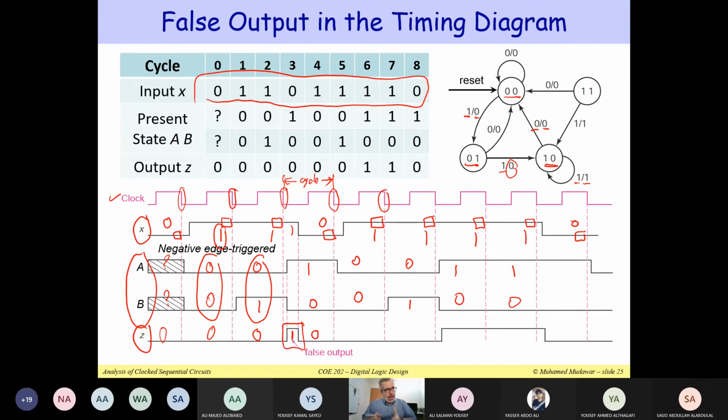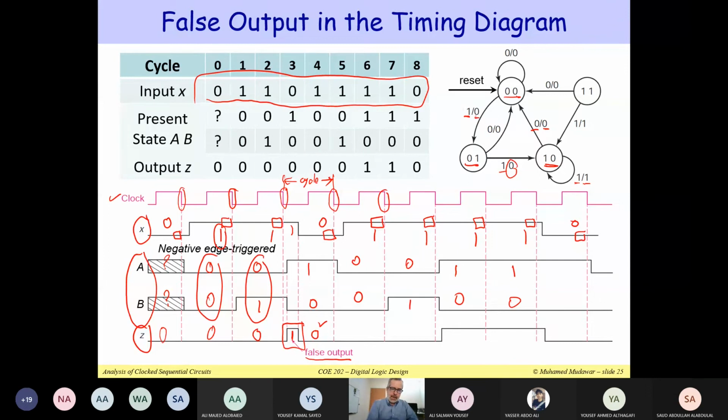Because it depends on the input X, the output is changing during the same cycle. For this reason, we call this a glitch. This one here is called a glitch, and we call it a false output. The true output is this 0. That's the true output, the final output during this clock cycle.